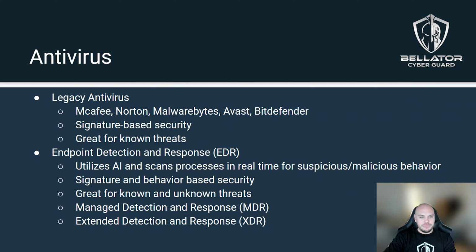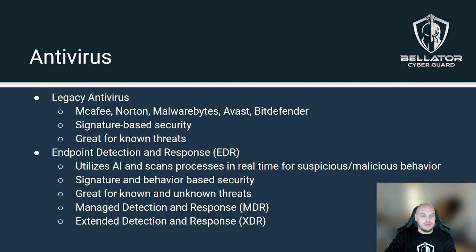So a lot of people are familiar with legacy antivirus products, including McAfee, Norton, Malwarebytes, Avast, Bitdefender, just to name a few. There's also Sophos and Symantec. All of these legacy out-of-the-box antivirus solutions are signature-based, so they rely on a library of known threats and the signatures associated with those threats to then scan for those known threats and remove them.